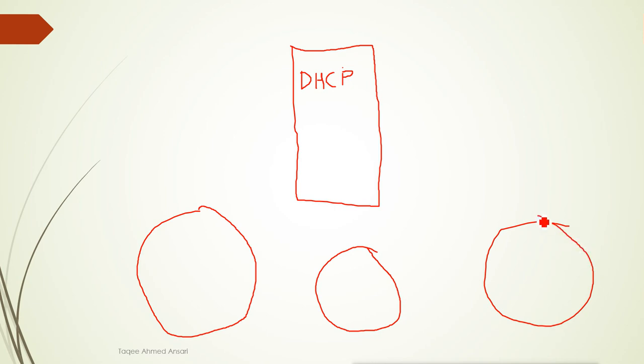Now our DHCP server is connected to this subnet also. Remember, for that it is using a different network adapter. For this network it is using a different network adapter, and for this network it is using a different network adapter. Now it is connected to different subnets. So what can we do? We can create a scope for this subnet, a separate scope. Then we can create a separate scope for this subnet.